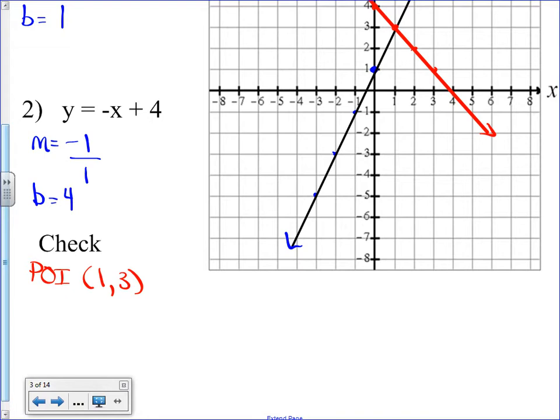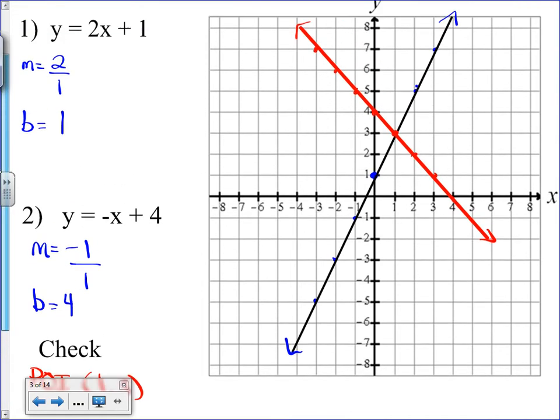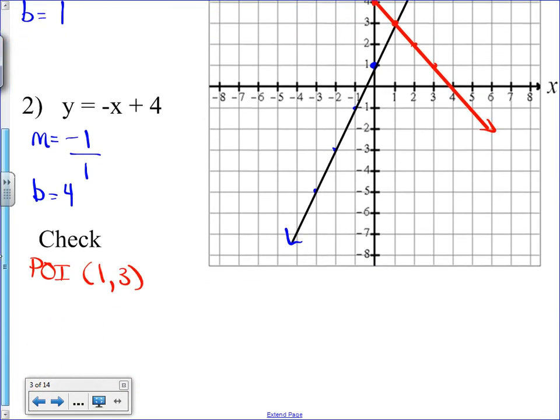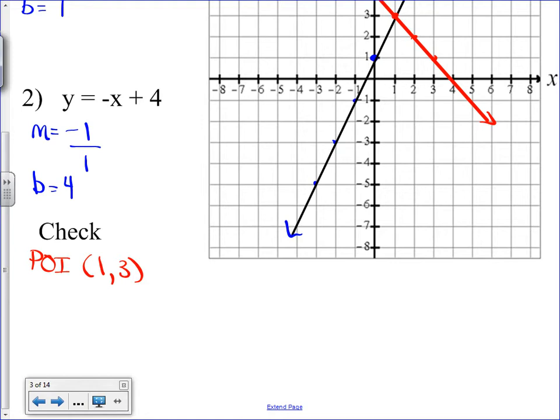Okay, now to check your solution, that means you're going to check if the point is really on the line. You're going to verify it for both equations. So my first equation is y equals 2x plus 1. So I'm going to sub 1, 3 into y equals 2x plus 1.